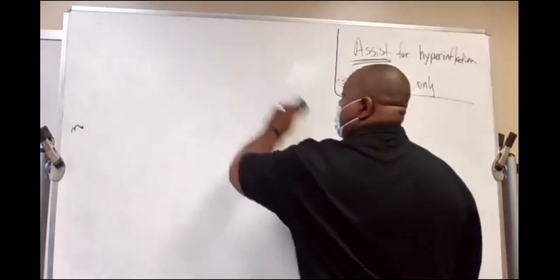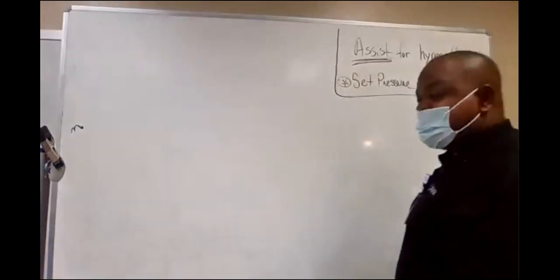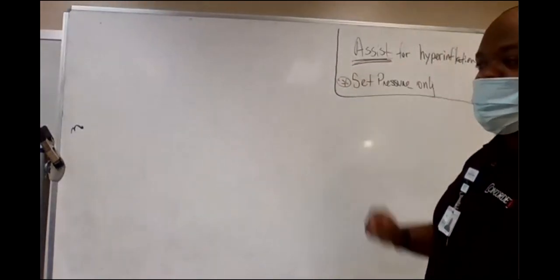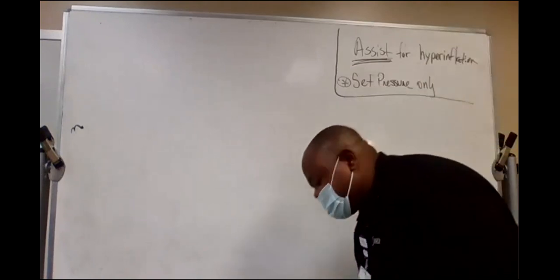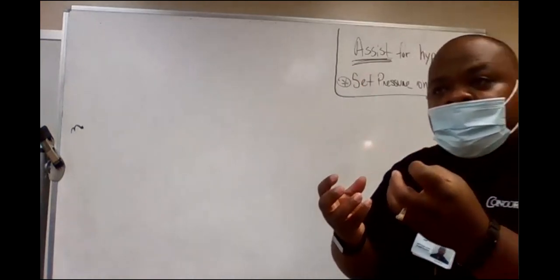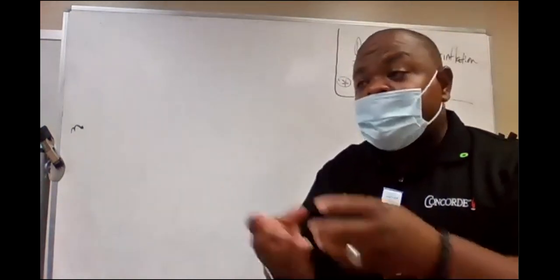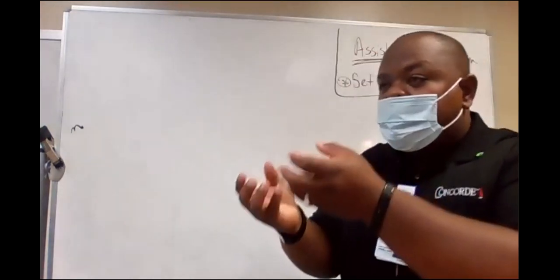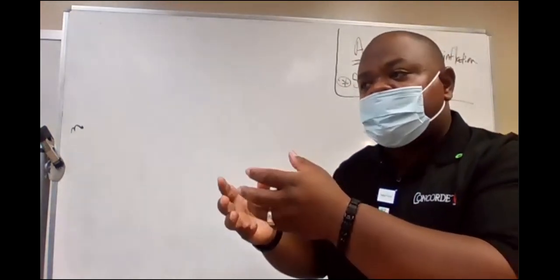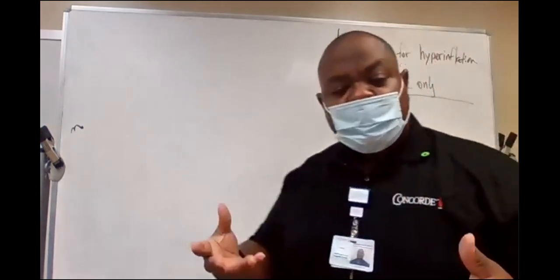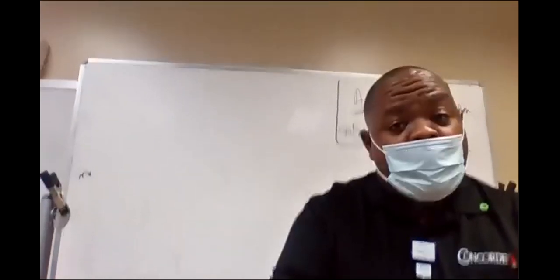But for hyperinflation purposes, we only use assist mode, right? All it's going to do is sense them with the sensitivity that you set. It's going to sense them trying to pull on the breath, and it's going to trigger a breath and give it to them. It's going to continue to blow that pressure in until the pressure is reached, and it's going to cycle off. Okay?